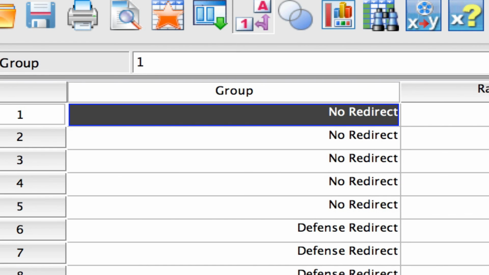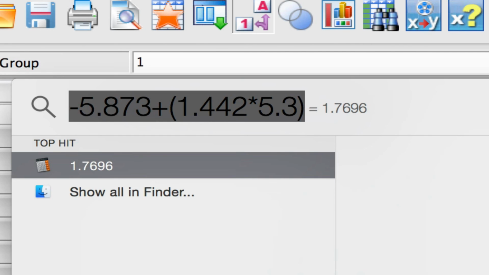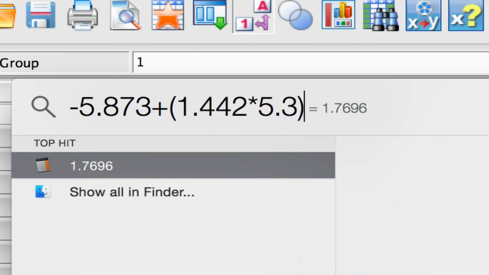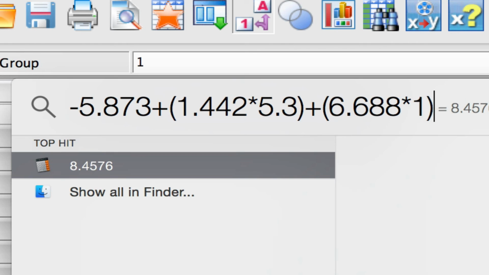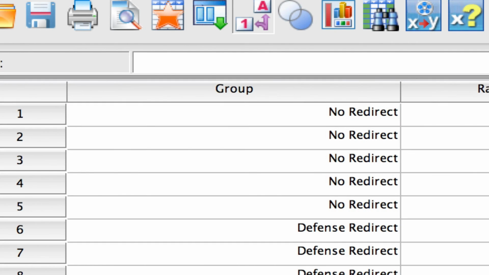If I do the control group first, plus 6.688 times 1, because remember that's the number we assigned to the no redirect group.